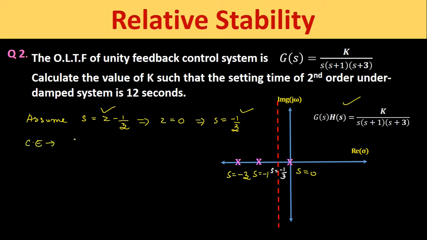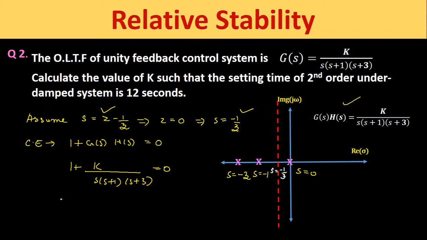The characteristic equation formula is 1 plus G(s) H(s) is equal to 0, and here it is a unity feedback control system, therefore H(s) will be equal to 1. So after putting the equation of G(s) H(s), we will get 1 plus K divided by s into (s plus 1) into (s plus 3) is equal to 0.